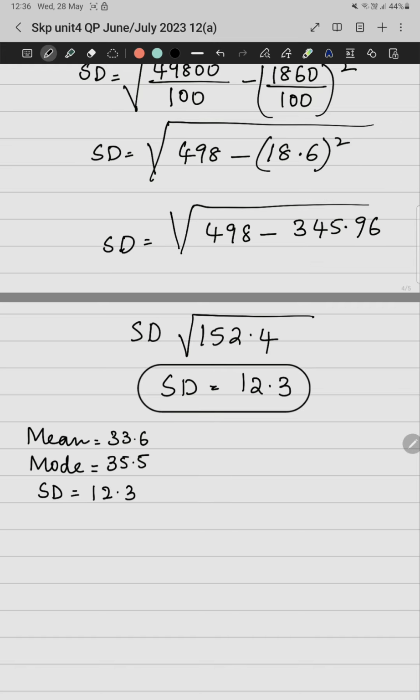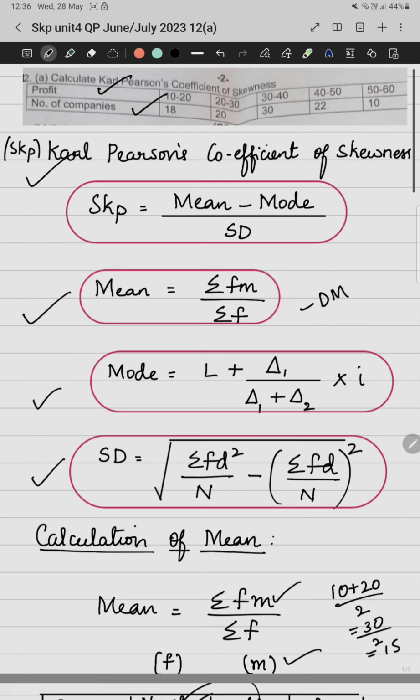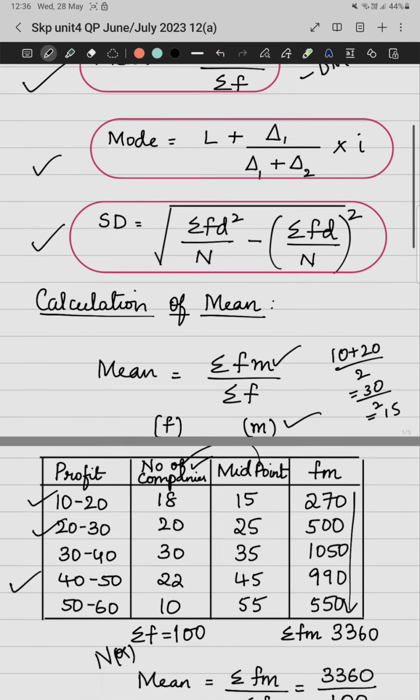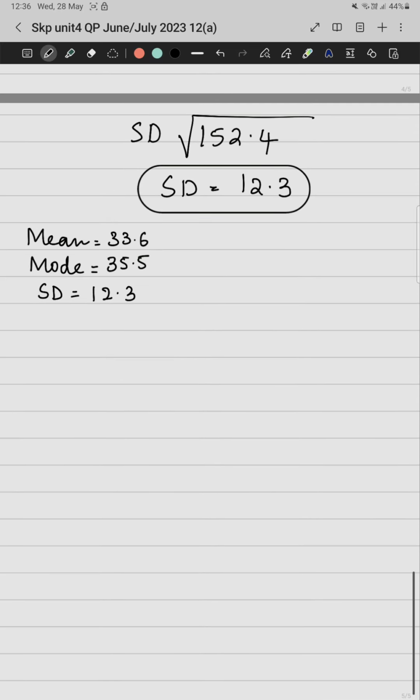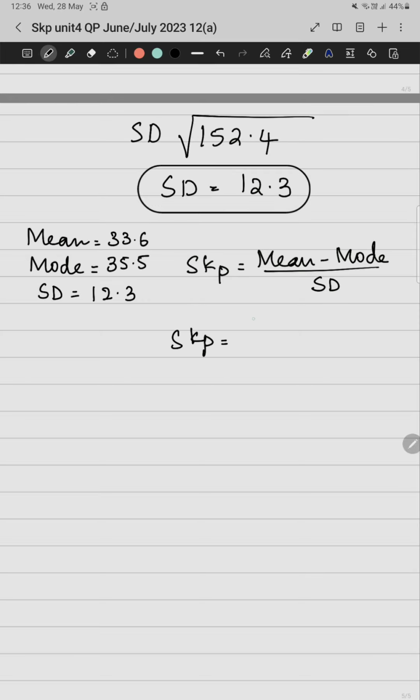So we are doing the question paper problem, Karl Pearson's coefficient of skewness, Sk P. The formula is mean minus mode divided by standard deviation. So Sk P is equal to 33.6 minus 35.5 divided by 12.3.